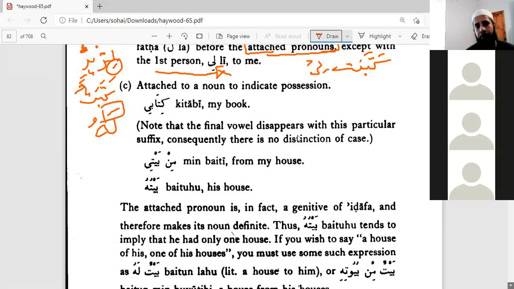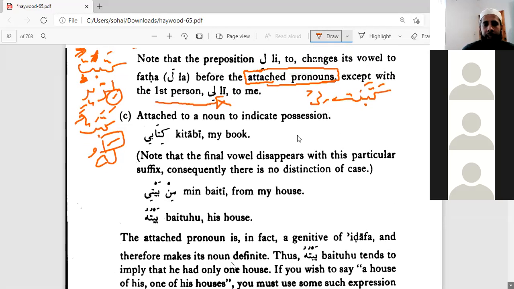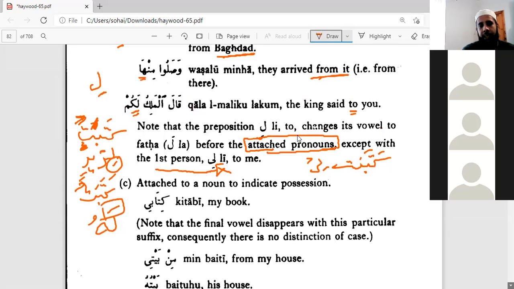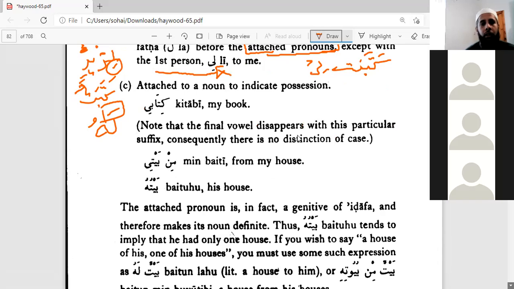Then we did prepositions, and one of the key rules is that when la is harf jar, li attached to pronouns becomes la with fatha.